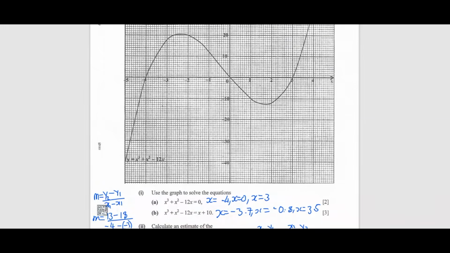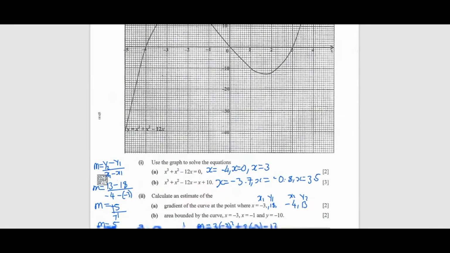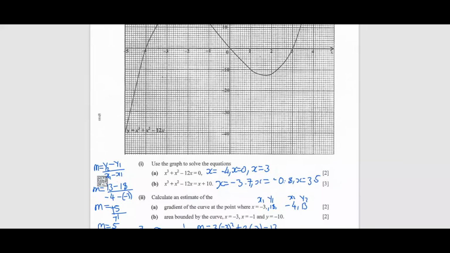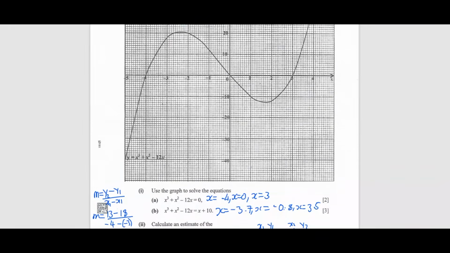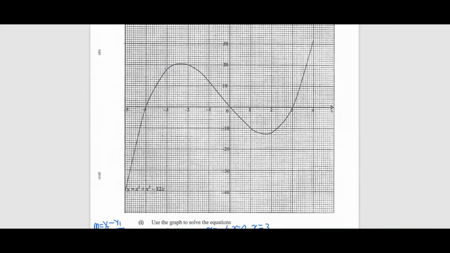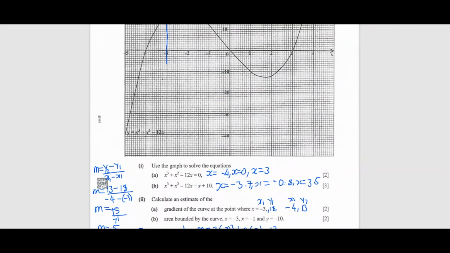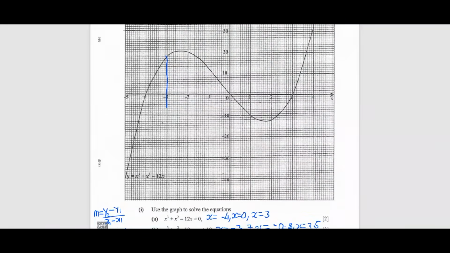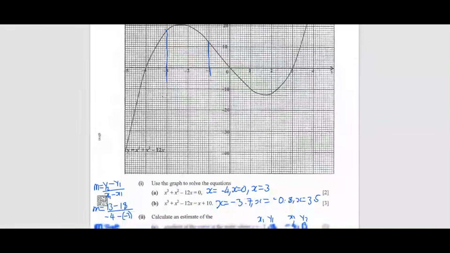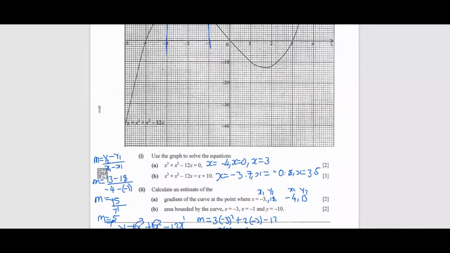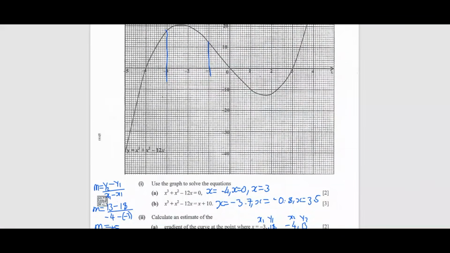So we want to find the area bounded by the curve. The first one, the curve, then number 2, x is equal to -3. So we need to draw a line where x is equal to -3. Then we also have the other one, x is equal to -1. So x is equal to -1 is here. Then y is equal to -10.